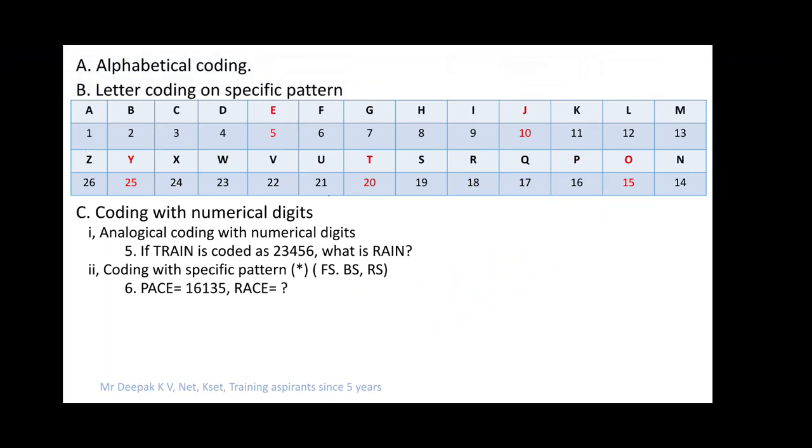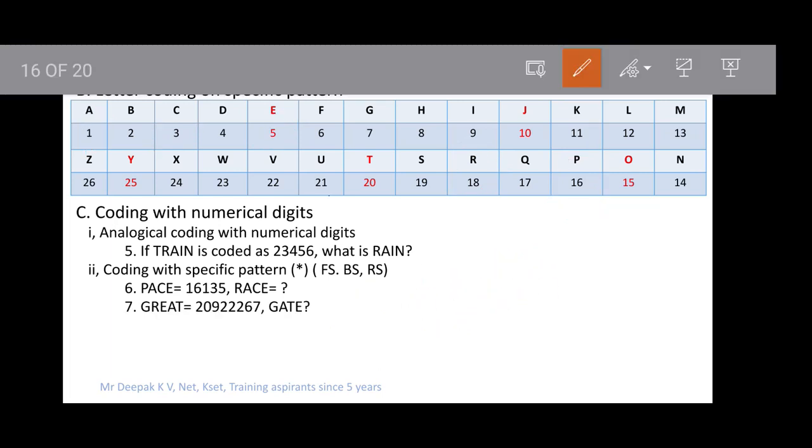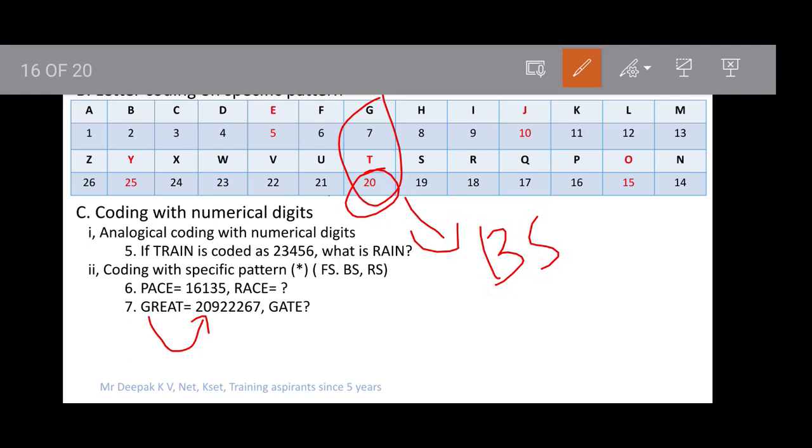Let me go for the next question. Grid is coded as 2092226 7. What is gate then? First of all, we have to understand in which series it is, whether it is a forward sequence, a backward sequence, or a random sequence. I will identify the G here. G is coded as 20, we can see, in the backward sequence. What is the number of R in the backward sequence? That is 9, so R is coded as 9.